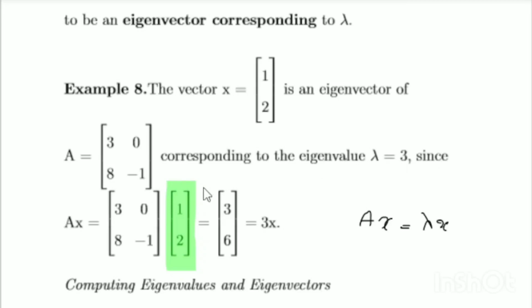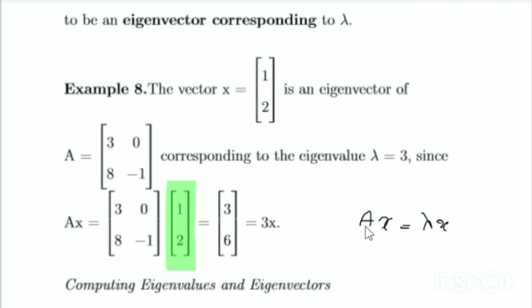Because we can write it in the form Ax equal to lambda x. The matrix [3, 0; 8, -1] times (1, 2) is equal to 3 times the vector (1, 2). So x is an eigenvector corresponding to the matrix A.